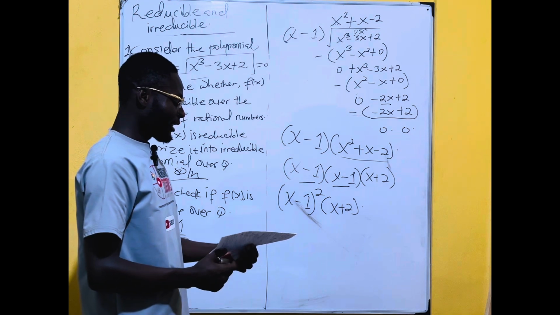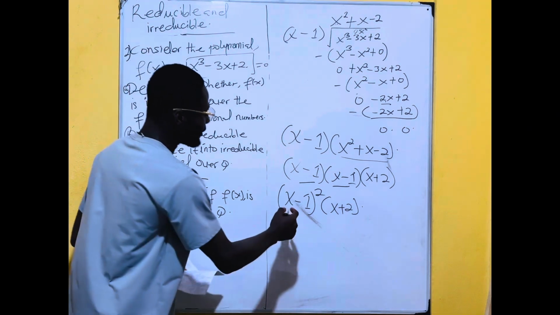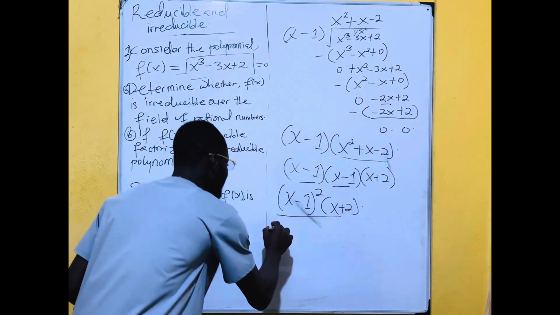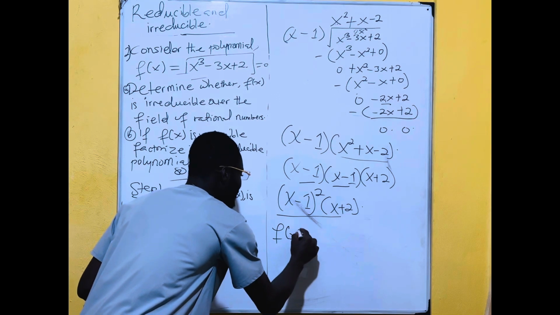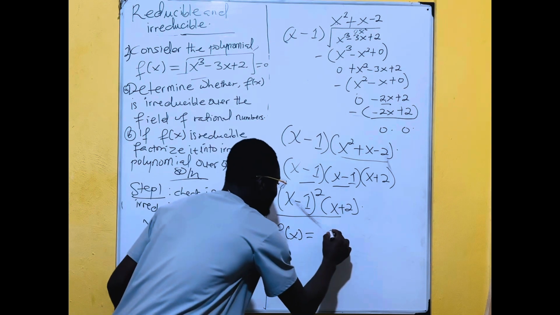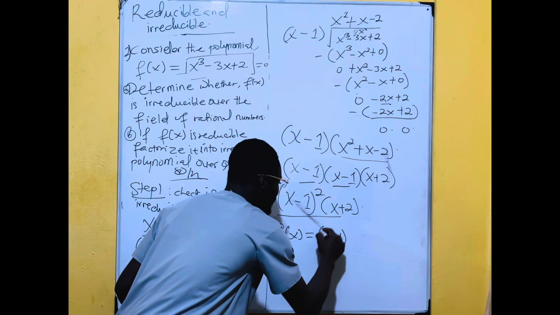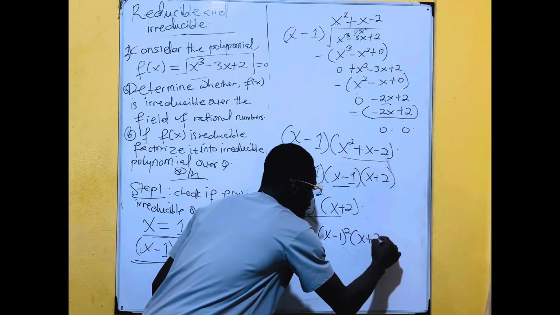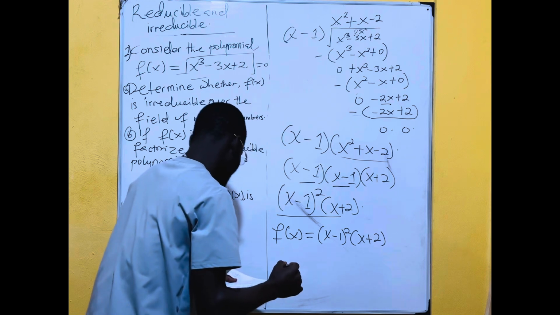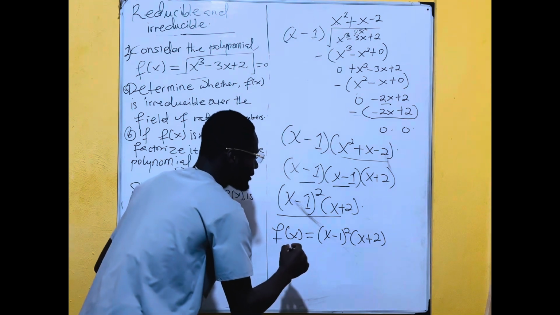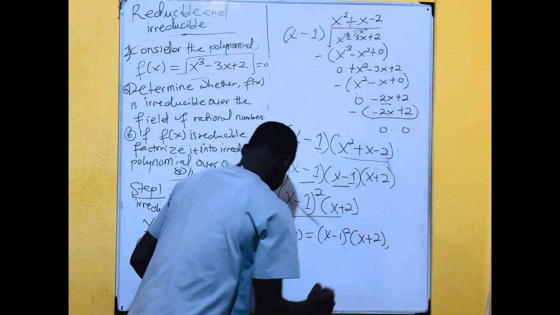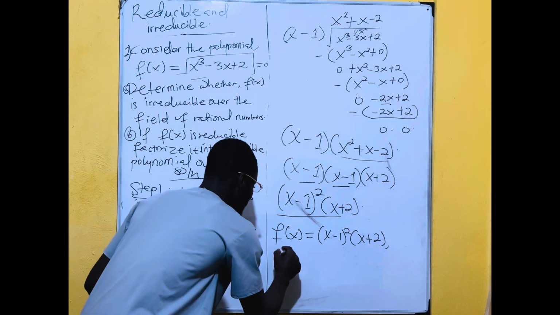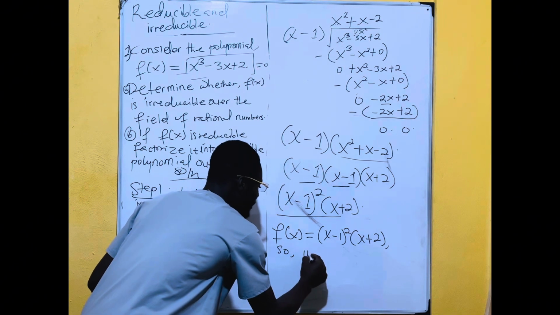So f of x equals x minus 1 all squared, x plus 2, so it is what?